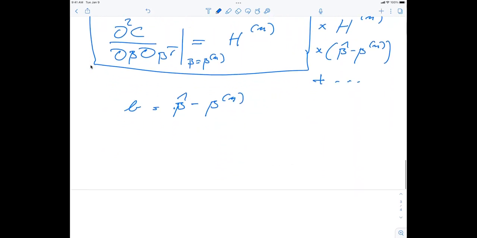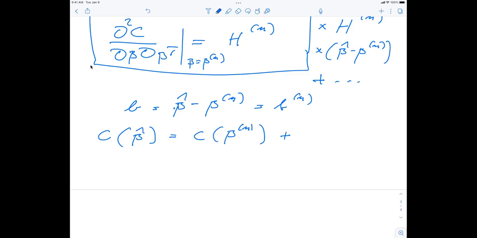So I'm going to just define a new vector b, which is beta hat minus this beta of n. And that means that I can rewrite my cost function, this C of beta hat, in terms of this constant, which is now calculated at beta of n, which we know. And then this parameter b is actually a parameter which in principle depends on n, the number of iterations, but I'm just going to leave it out. So I'm just going to write b here.